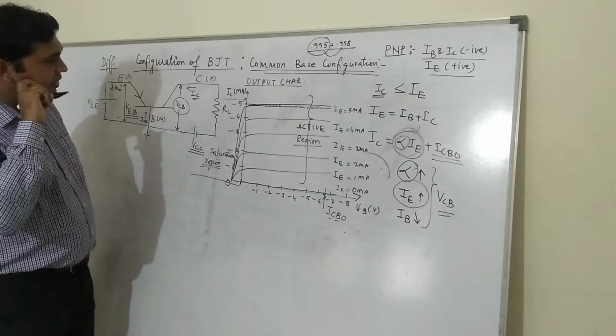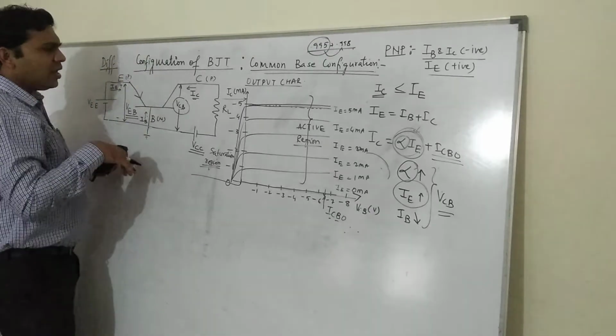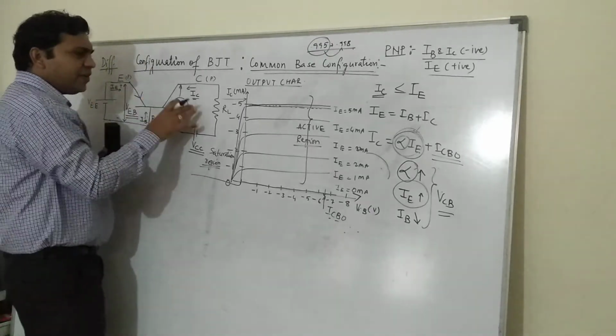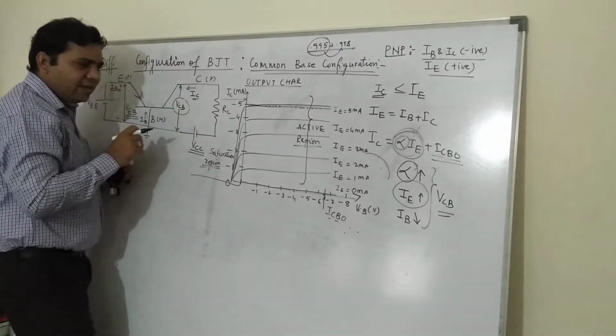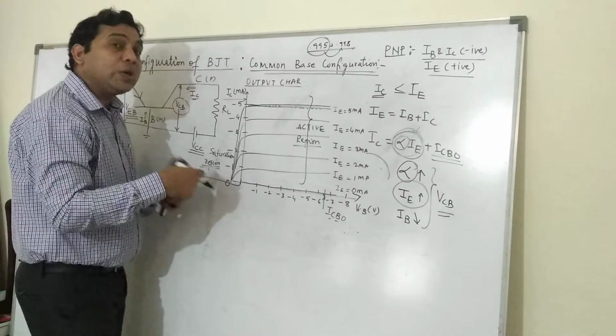We can understand it in this fashion. Let's say we have driven a load here, which is a resistance, with this circuit, and I plot the load line.